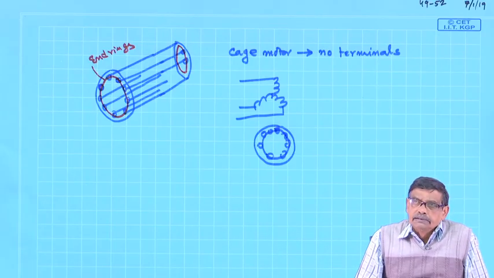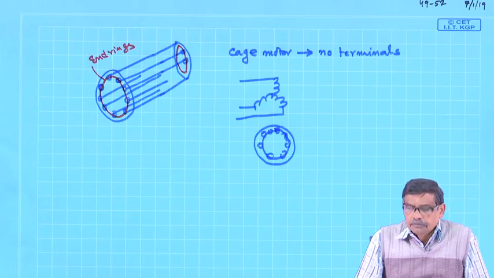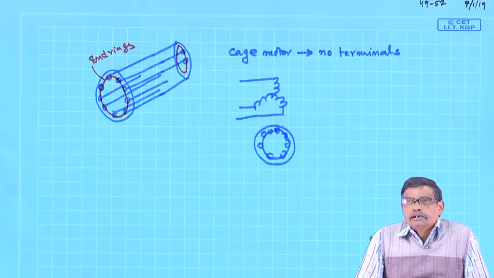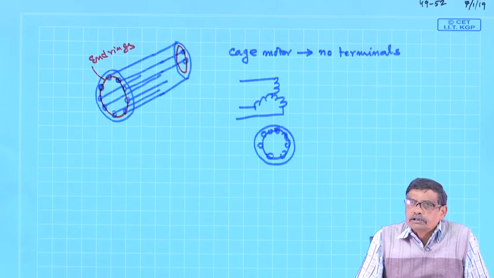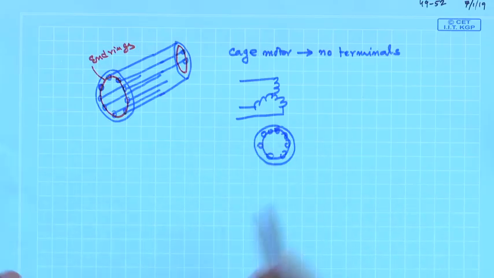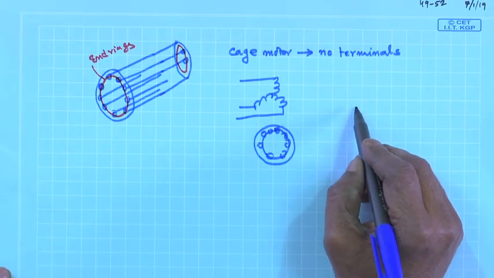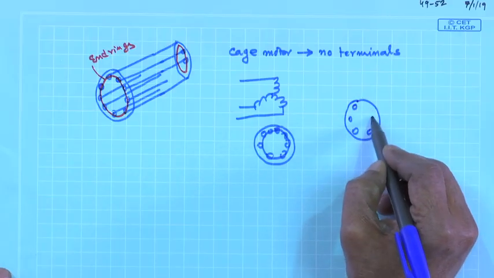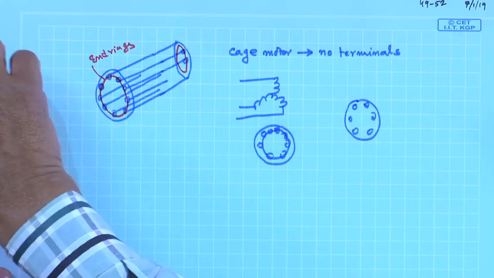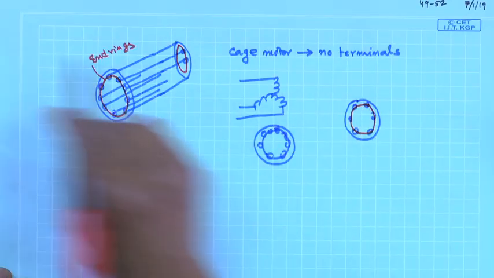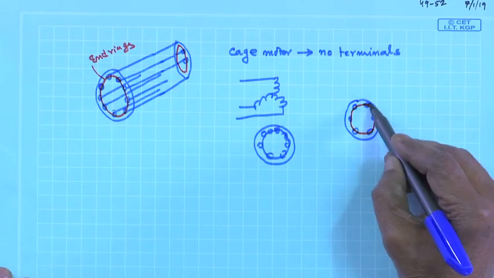The answer is not difficult to obtain, because in a normal slip ring induction motor, you have to keep the rotor terminals shorted. Here also rotor terminals are kept shorted. So, to understand, you think in this way, that these are the cage bars. You first imagine that one end ring is removed.